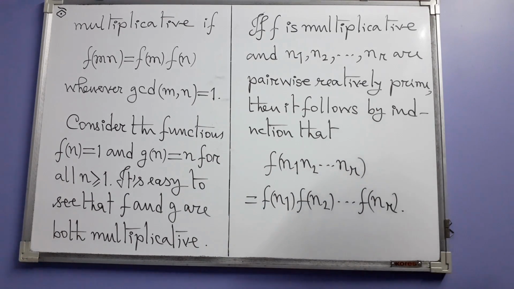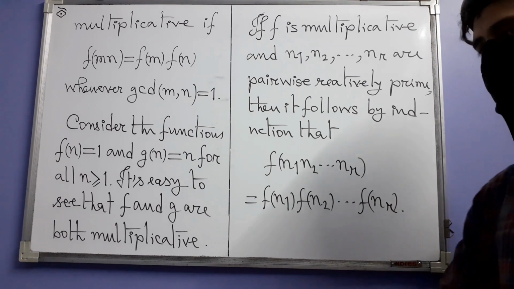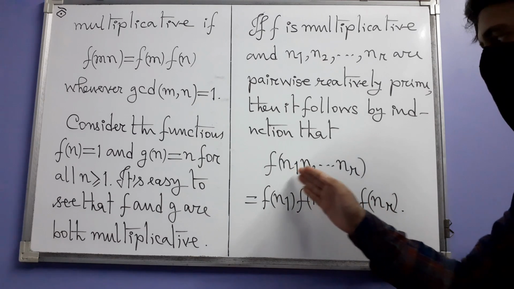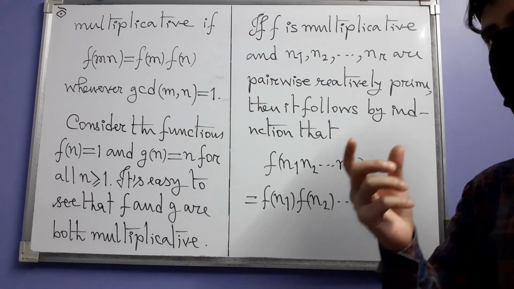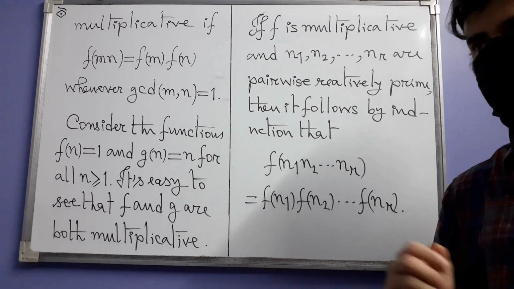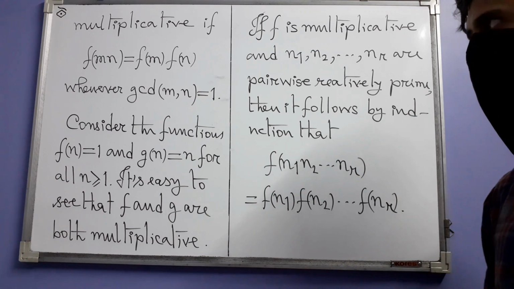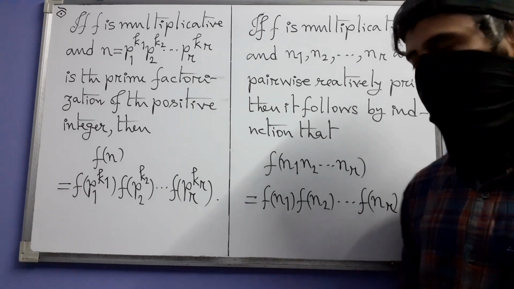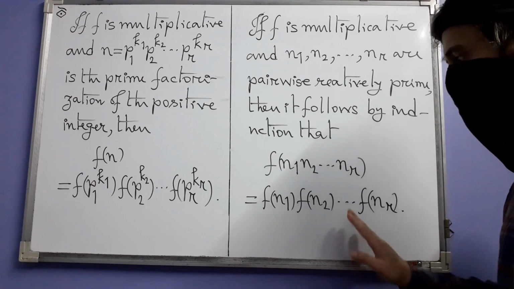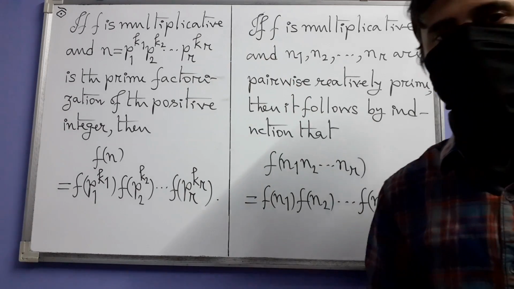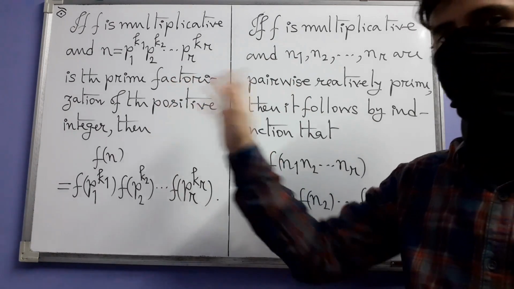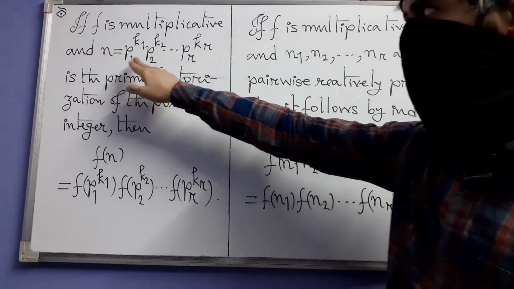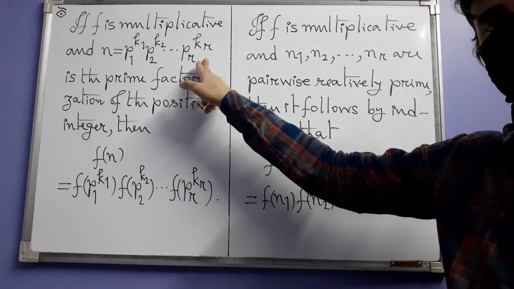So you have this somewhat useful fact about multiplicative functions for a general product which has not necessarily two relatively prime positive integers, but a number of them. Next, an application of this observation you can find here. Say again f is a multiplicative function, and now you consider a positive integer n whose prime factorization is given.